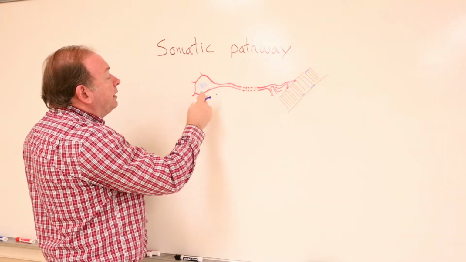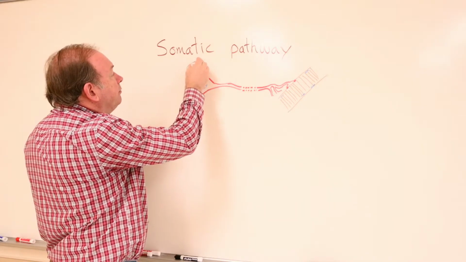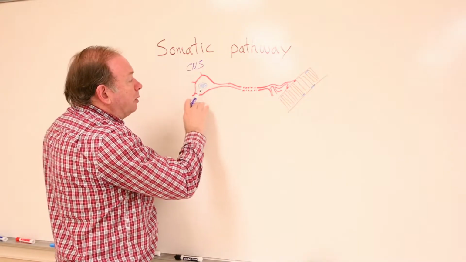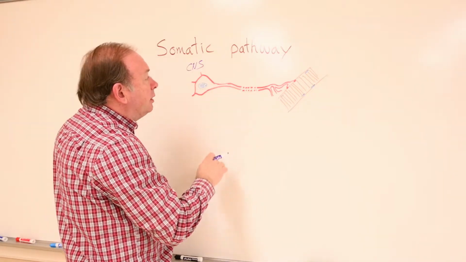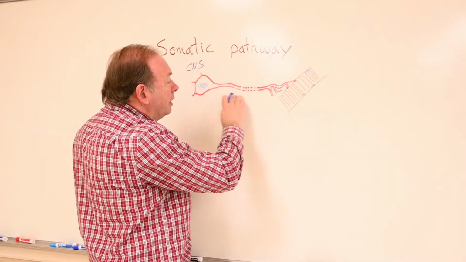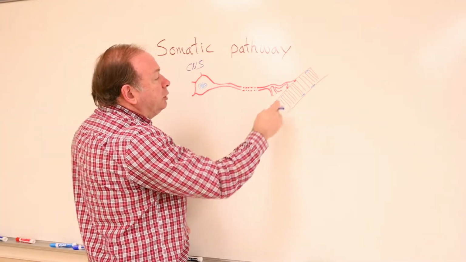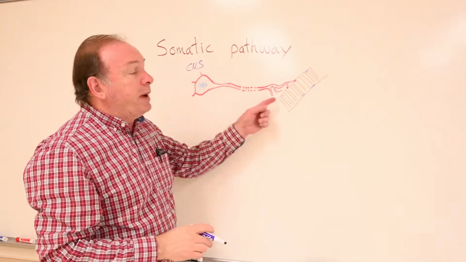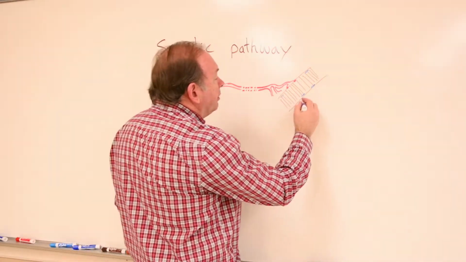The neurons are found within the central nervous system here. They could be in the brain or the spinal cord, but anyway, they send out a fiber that goes out through the peripheral nervous system. This is a motor nerve fiber reaching out to an effector, and the effectors for the somatic pathway are always skeletal muscle.